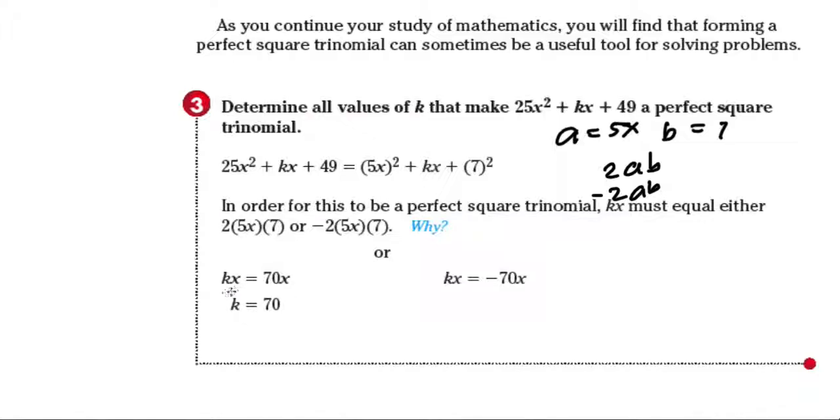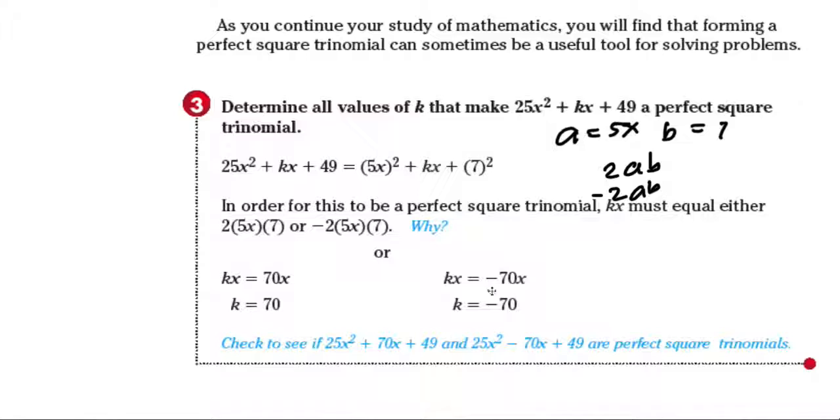If you divide both sides by x, you undo x, and k equals 70. And if you divide both sides by x here, you end up with negative 70. So basically, the possible values of k which will make this a perfect square trinomial are 70 and negative 70.